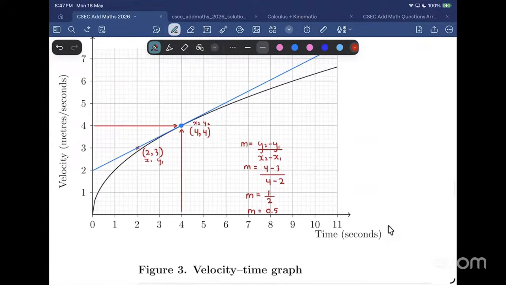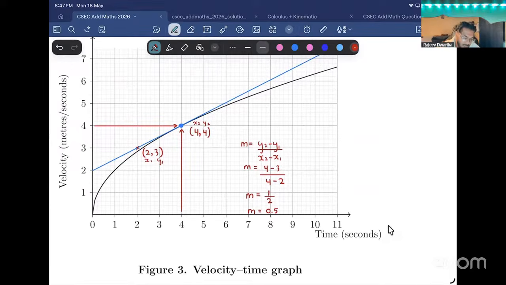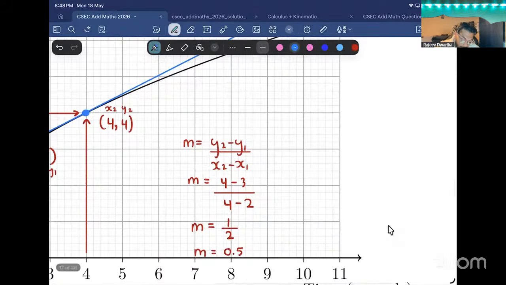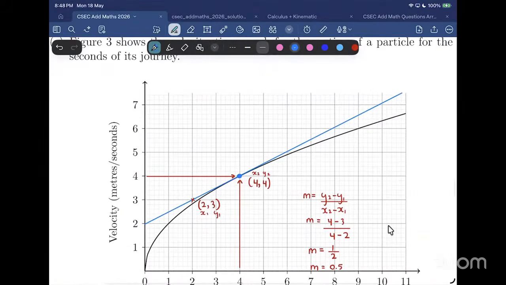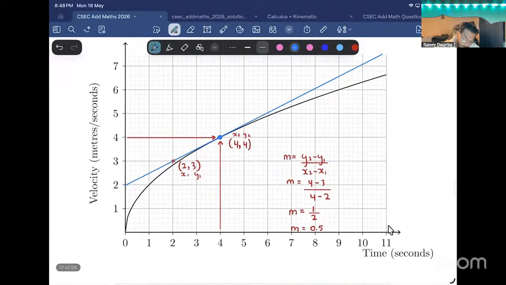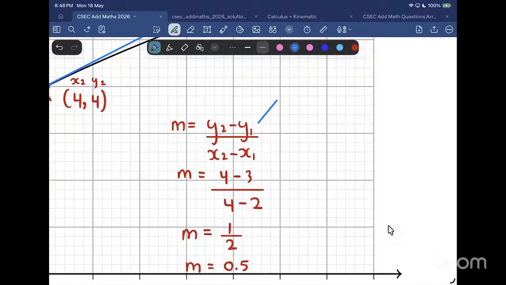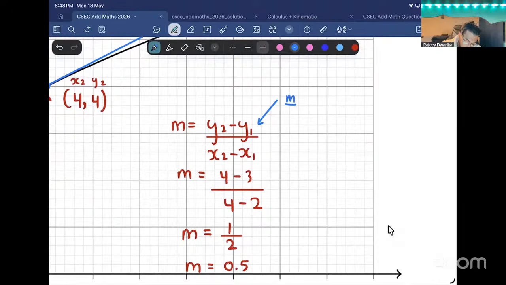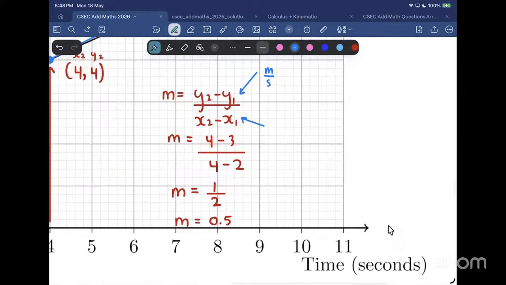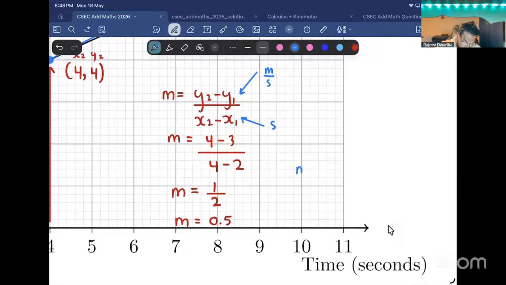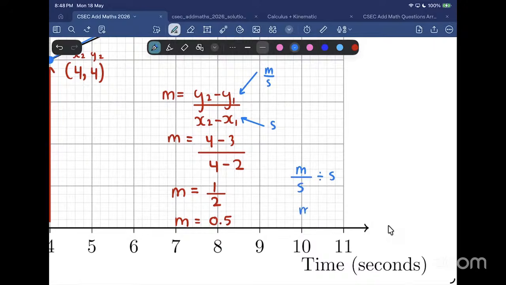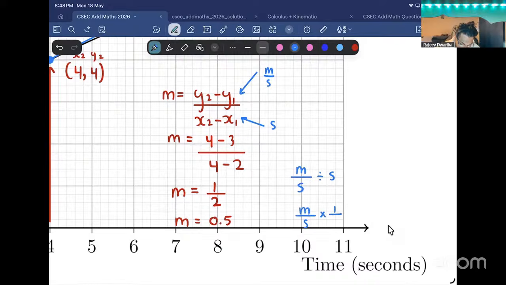And this is, again, heavily physics, right? What's on the y-axis here? Velocity, which is in meters per second, right? Yes, sir. And on the x-axis, you have what? Seconds. So you have meters per second divided by second, which is the same thing as meters per second multiplied by 1 over s.